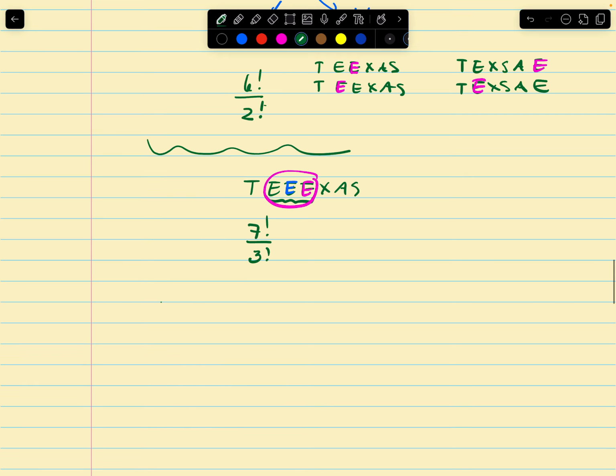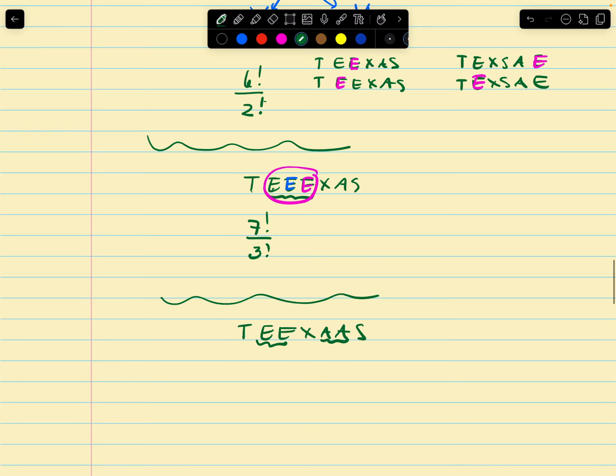All right, let's do one more together. Let's say we had TEEXAAS. So now we have 2 sets of objects that are repeating. We have 7 letters here, 1, 2, 3, 4, 5, 6, 7.